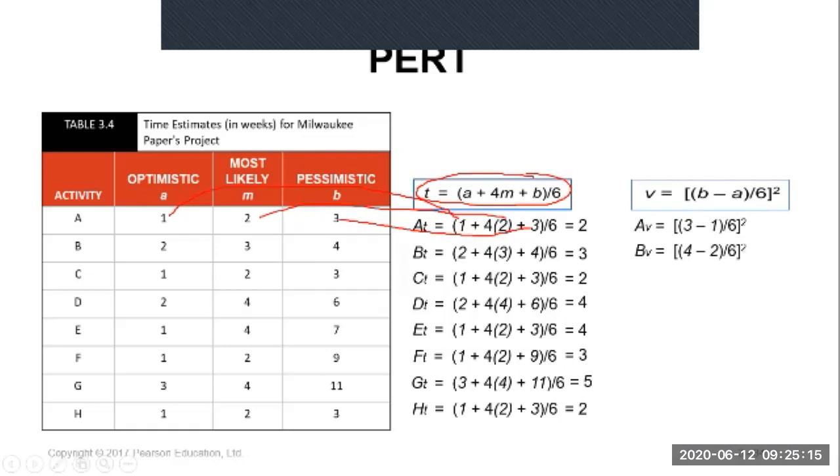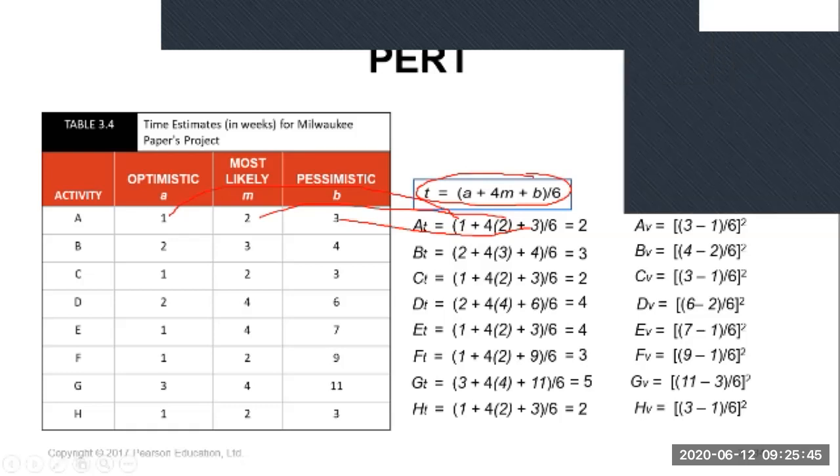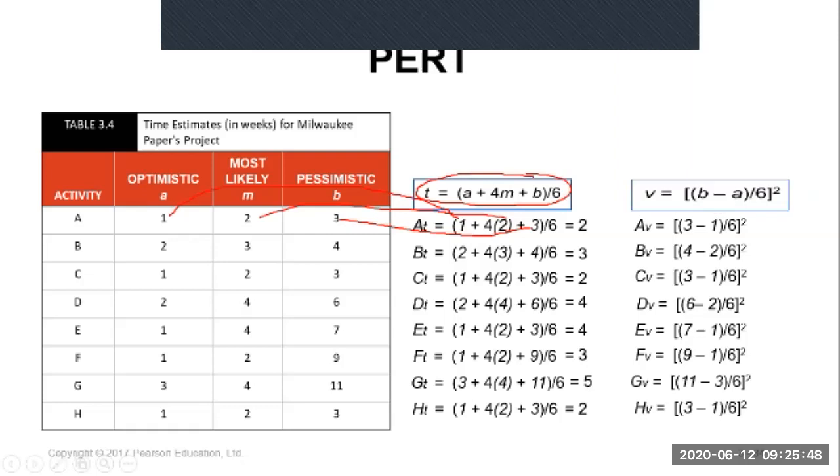This is the variance for A, then variance for B, C, D, E, F, G, and H. After you calculate the variance, this is the variance for each activity. I hope you get the same figures.